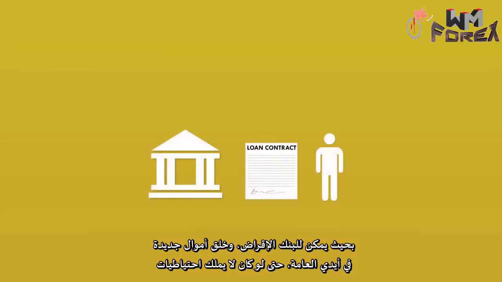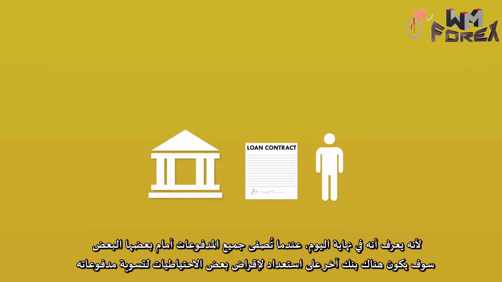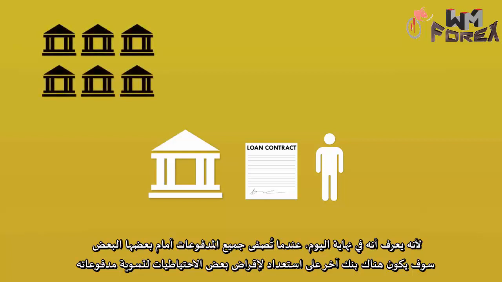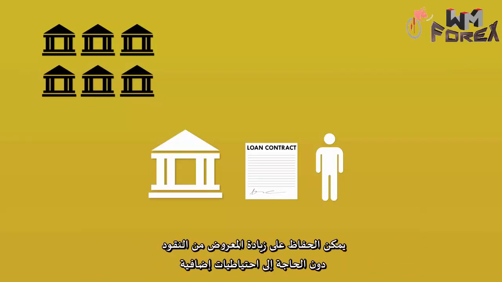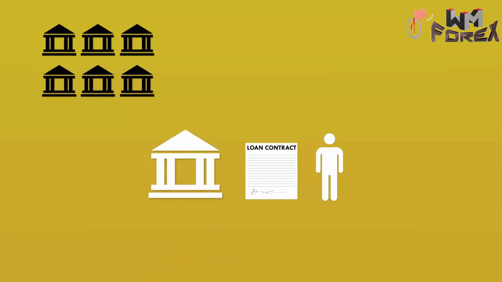So a bank can actually make a loan, creating new money in the hands of the public, even if it doesn't have the reserves, because it knows that at the end of the day, when all payments are netted out against each other, another bank will be there willing to lend it some reserves to settle its own payments. So as long as all banks are increasing their lending at roughly the same rate, the money supply can keep increasing without the need for additional reserves.